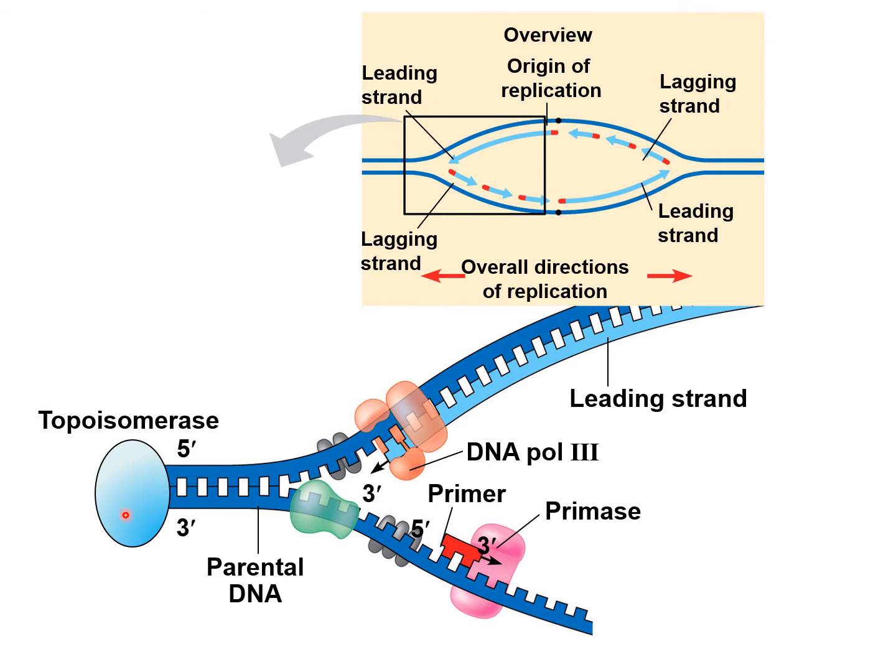They're involved in protecting and getting the DNA separated. DNA polymerase 3 is chugging along into the replication fork on the leading strand. The primase, when there's enough room, comes in and creates a little RNA primer on the lagging strand, to be followed by DNA polymerase 3, then DNA polymerase 1, and then ligase.